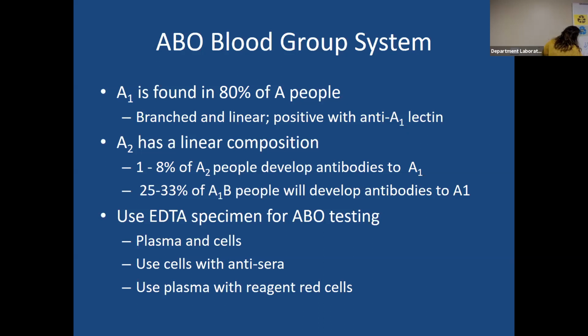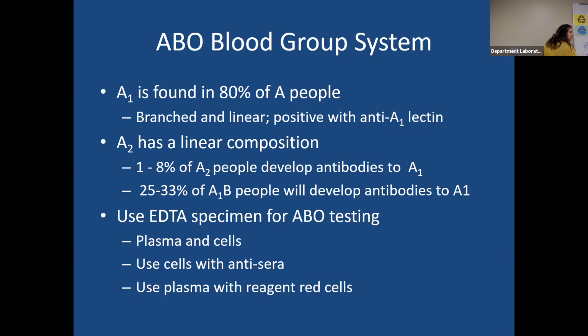Your A2 only contains the linear portion. It is lacking this branched complex. And remember Landsteiner's rule? If you learn nothing else in this class, you will remember Landsteiner's rule. What you lack, you can build the antibody to. All right, so your A2 patients are lacking this molecular structure here.